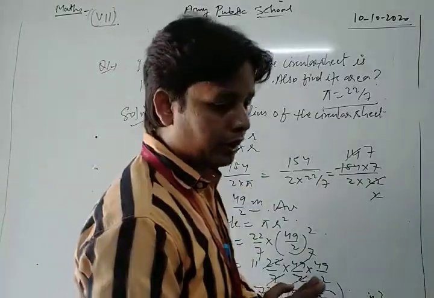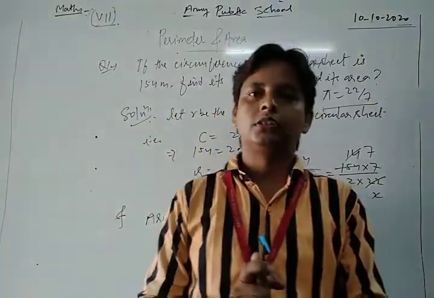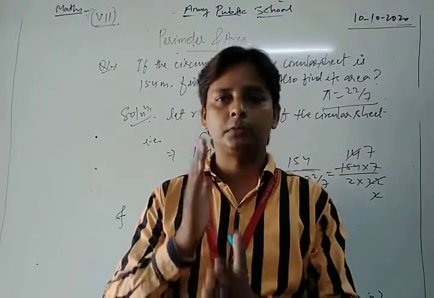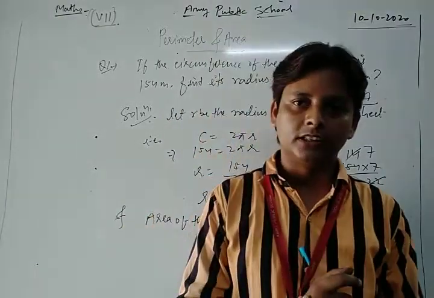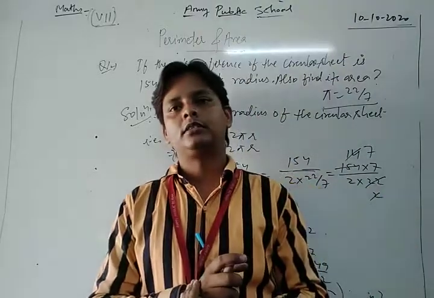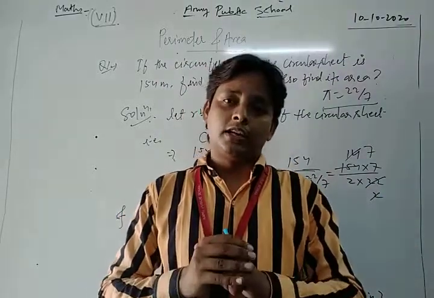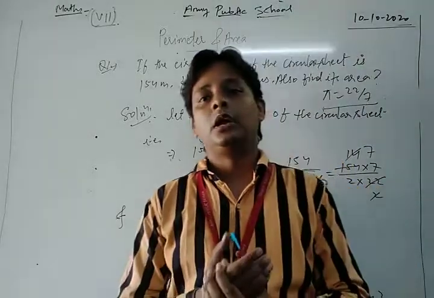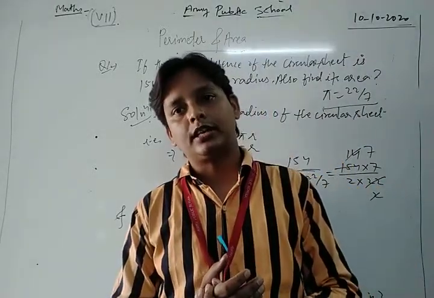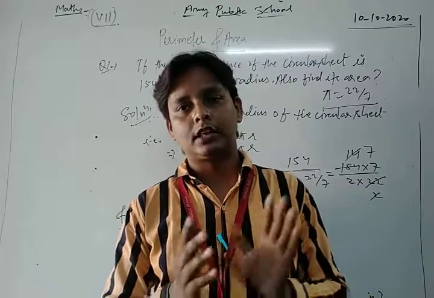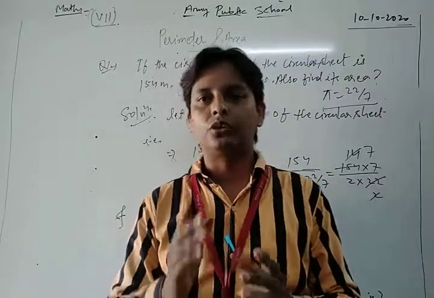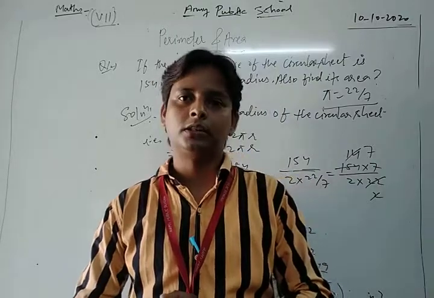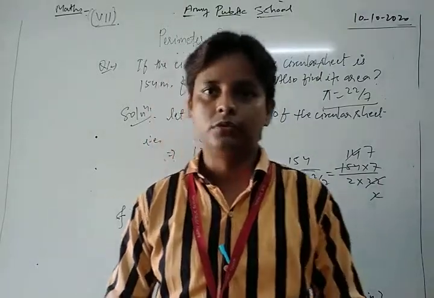After revising those questions, you can solve each and every question of your NCERT exercise based on perimeter and area. In the next class we will revise and discuss some other important chapter of your NCERT exercise. First revise all the questions and complete your NCERT exercise. Thank you, dear students.